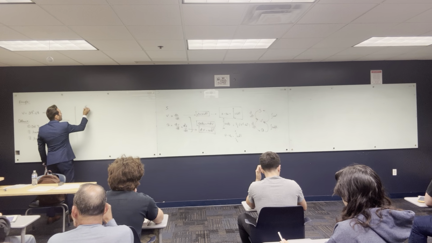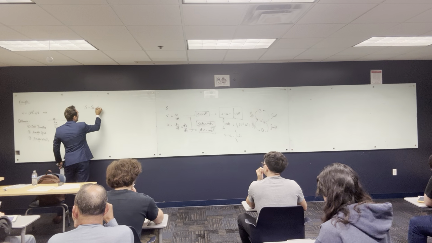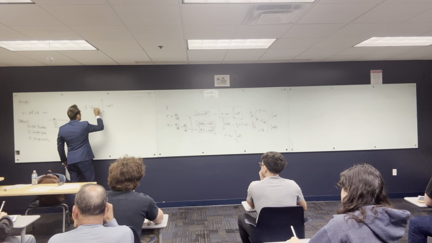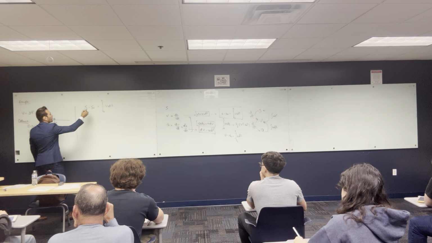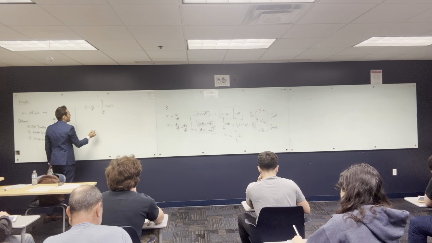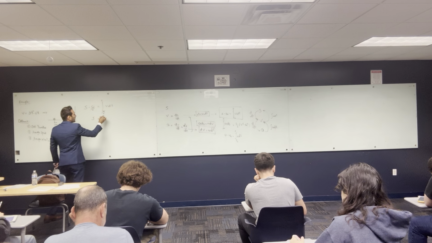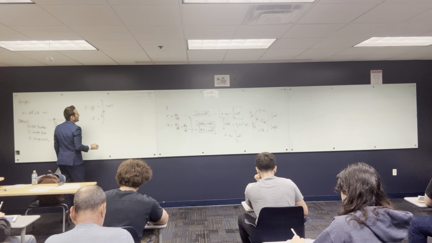So S minus S node is going to be the integration of V dt from T node to T. Since it starts from rest, S node is 0, T node is 0. So S as a function of t is going to be equal to the integration from 0 to any time.